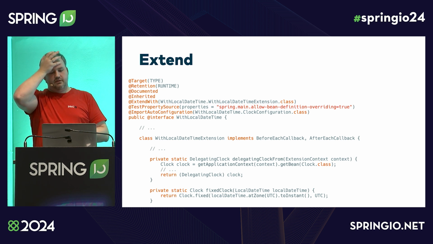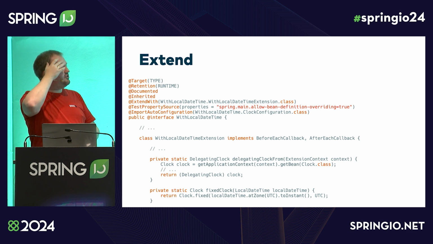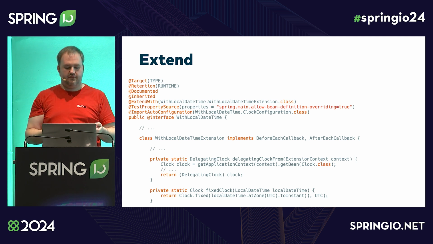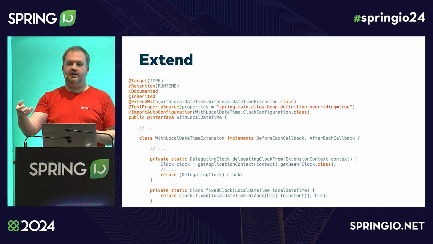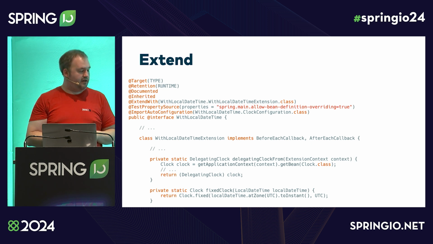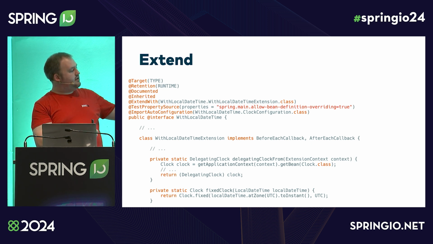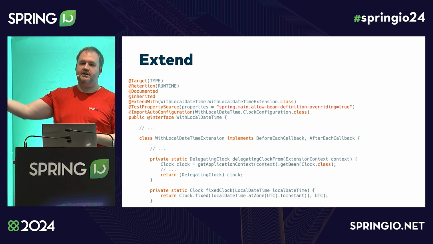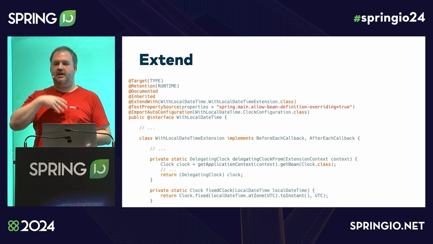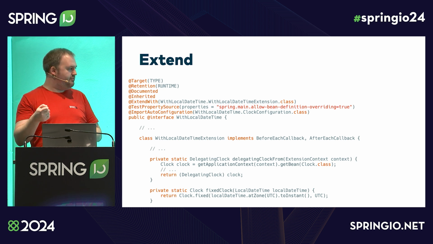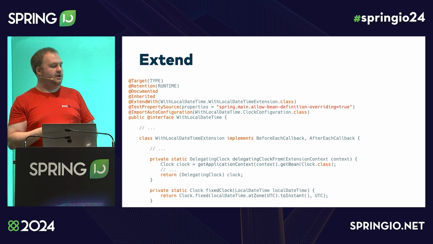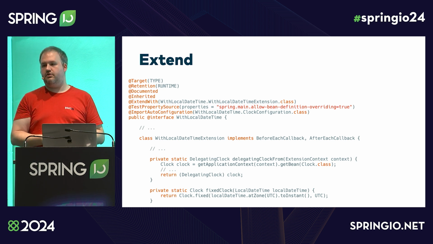And I think that's possible because the Spring extension itself stores the application context within that JUnit store, and therefore I can get to the application context, take my bean out of it, and because I have my own implementation of a clock, I can replace that clock.